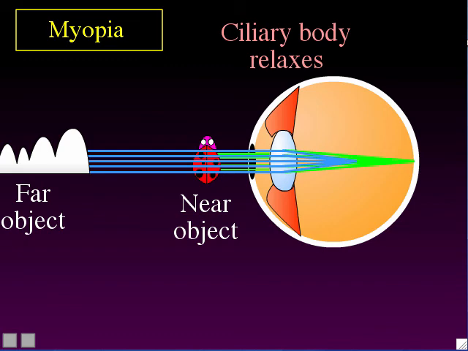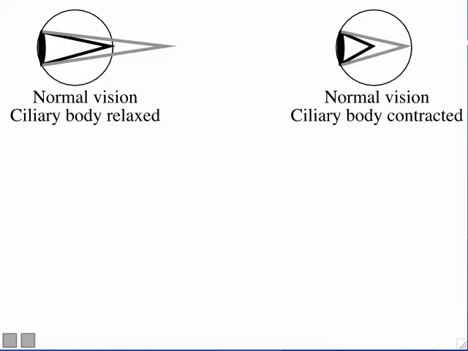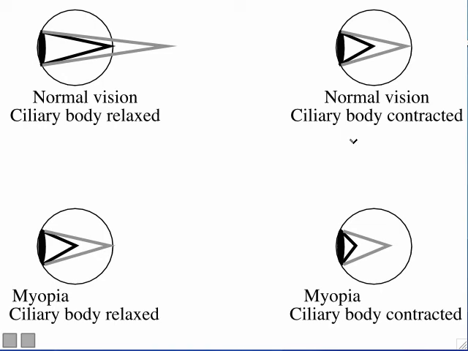And I think the next slide summarizes this in black and white. Again, here's normal vision, both ciliary body relaxed and ciliary body contracted, and you know it, ciliary body relaxed, the far objects are in focus, and ciliary body contracted, the near objects are in focus. That's for normal vision. For a person with myopia, the focal points are more forward in the eye than they're supposed to be.